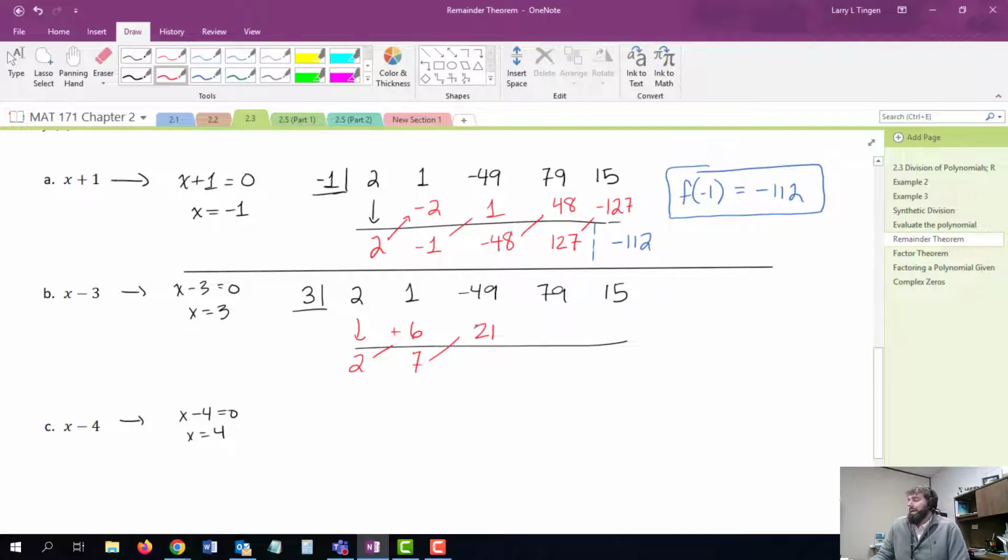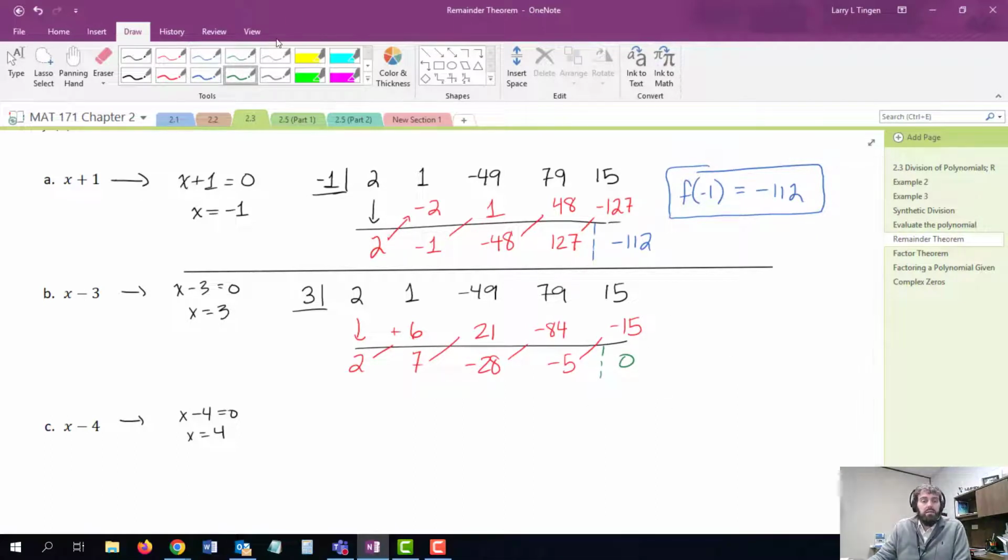Negative 49 plus 21, negative 28. Negative 28 times 3, negative 84. 79 plus negative 84 is negative 5. Negative 5 times 3 is negative 15. 15 plus negative 15 is 0.